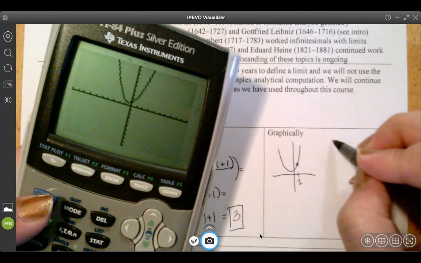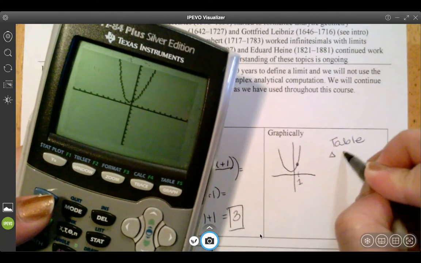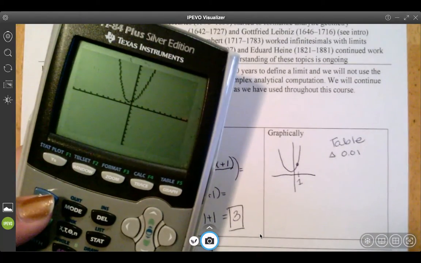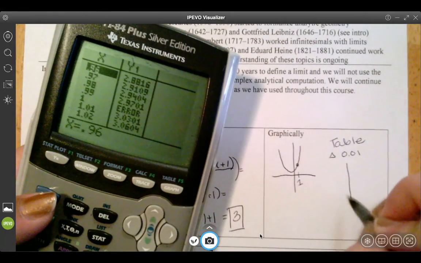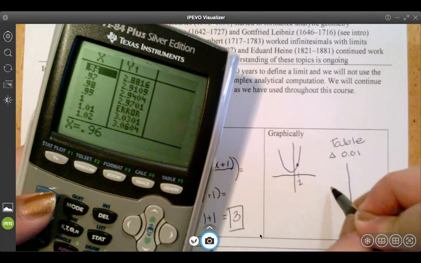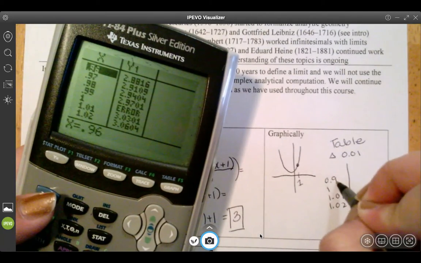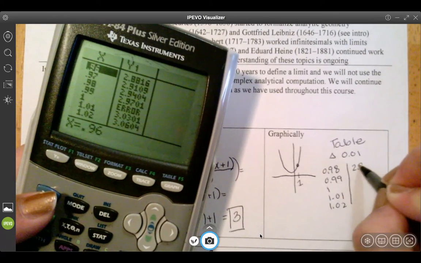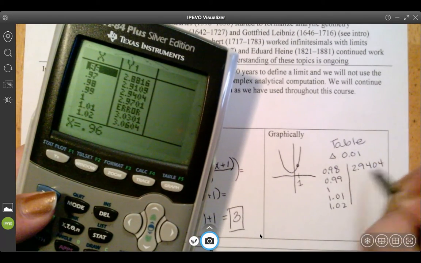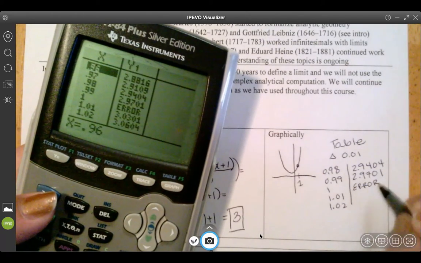And so we look at the table and we change the delta, the change in table, to 0.01, just so it's small increments. And then when we look at that table of values, when x is 1, 1.01, 1.02, 0.99, 0.98, we can see that the values are approaching. They're getting closer and closer, but they never achieve 3.